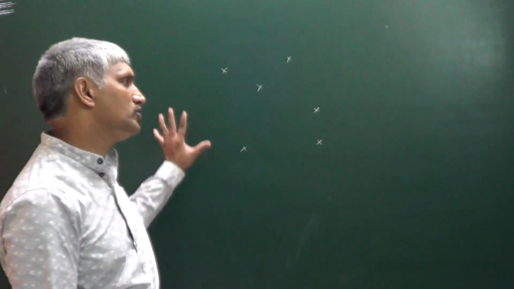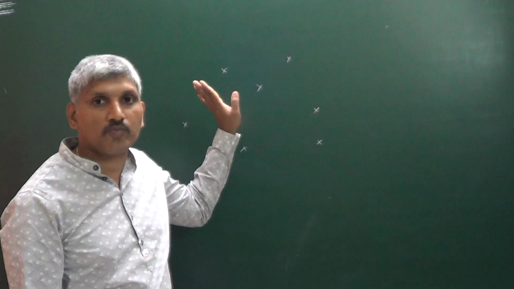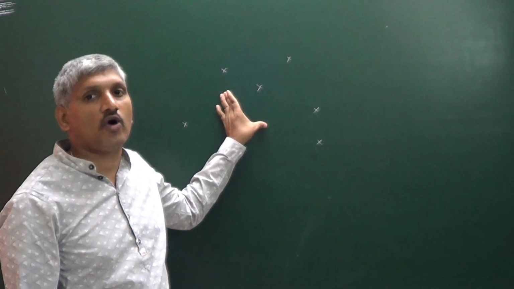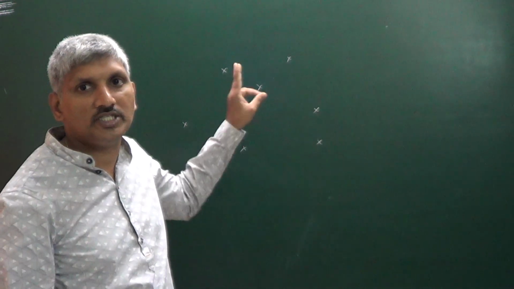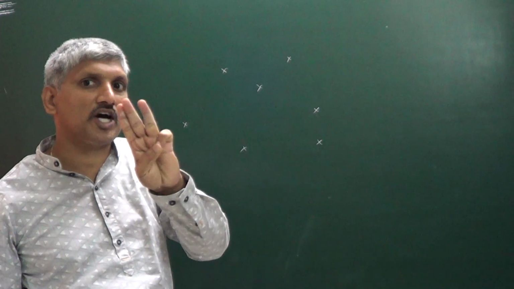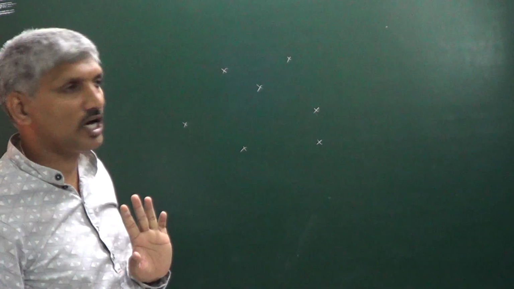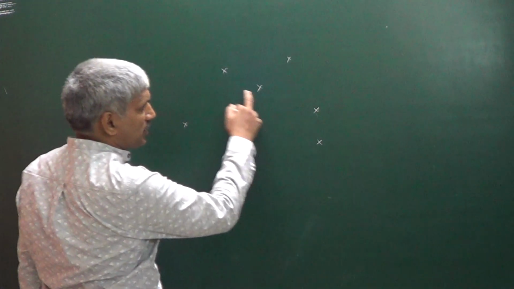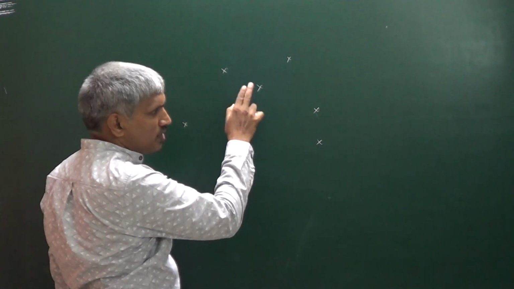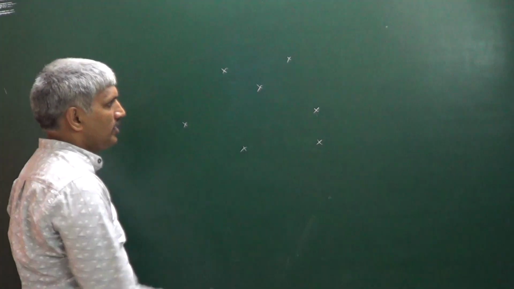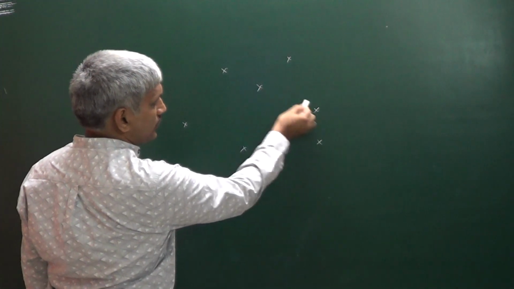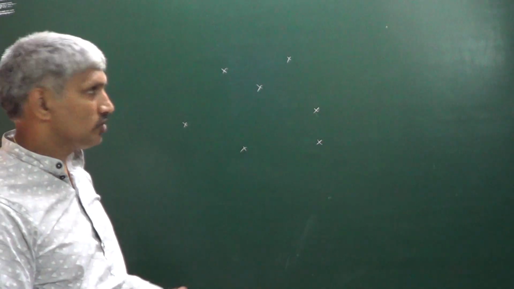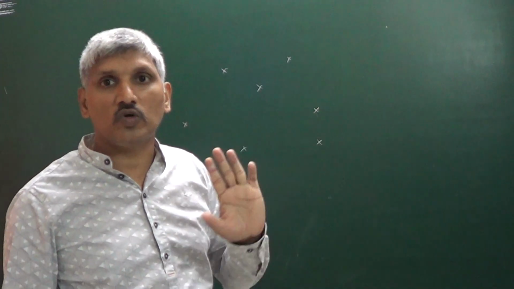You can take any 3 of these points, and they are not on the same line. These 2 join one line, these 2 join another line, so no 3 points are collinear.